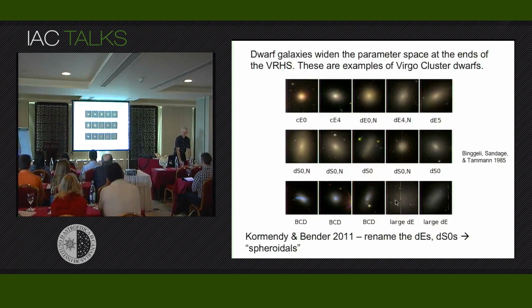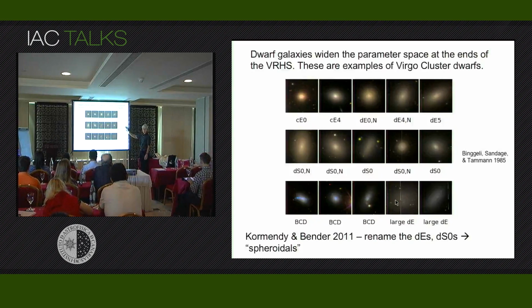And then you have these BCDs, these blue compact dwarfs, small star-forming dwarf galaxies. And then the funny ones here, the large DEs, the large dwarf ellipticals, or maybe you could call them giant dwarf ellipticals, right? A giant dwarf, a GDE. They're seen in the Virgo cluster, too.